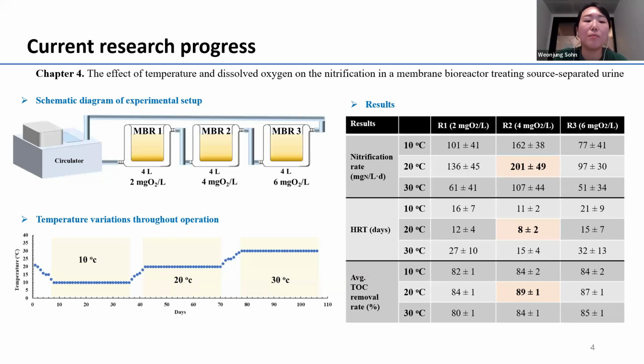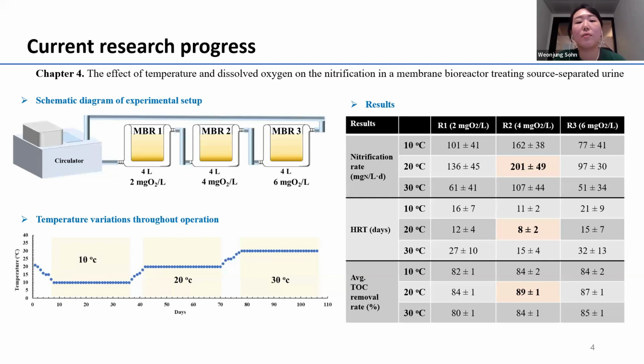I think it's a matter of the activity of bacteria. At 30 degrees, the bacterial activity was a little bit inactivated, and nitrite accumulation happened in the reactor, and that affects the MBR's operation.